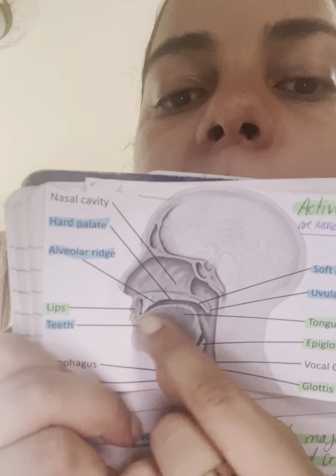Alveolar ridge, the bony ridge just behind the upper front teeth. If you see here, the alveolar ridge. The upper and lower dental structures, primary role: contact and constrictions for dental sounds like t and d.